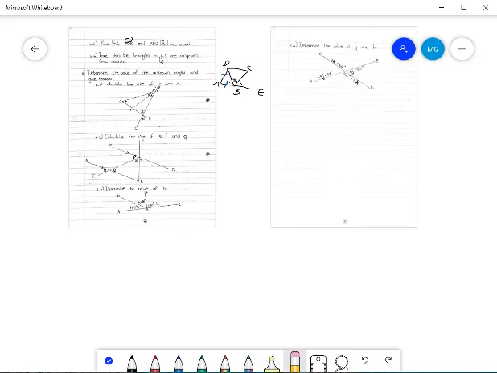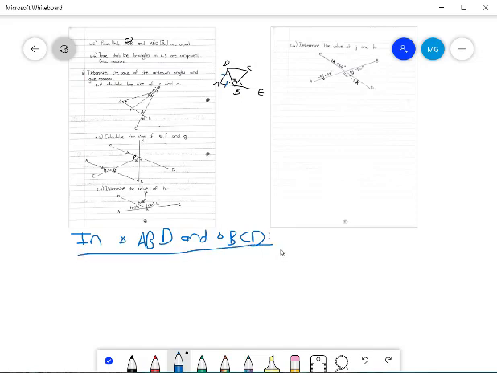4.6. Prove that the triangles in 4.3, these two triangles, are congruent. Give reasons. Okay, so now we just need to prove the congruency of these two triangles. So first thing we say is, in triangle ABD and triangle BCD, and remember we need to as well give reasons for our answers.